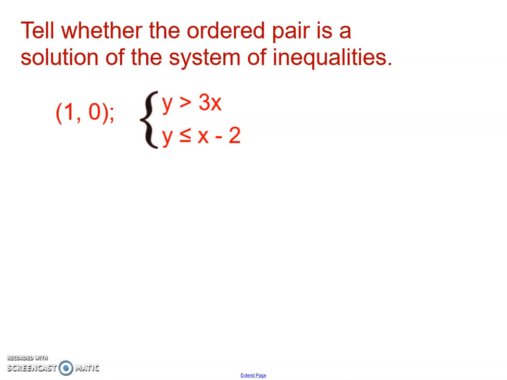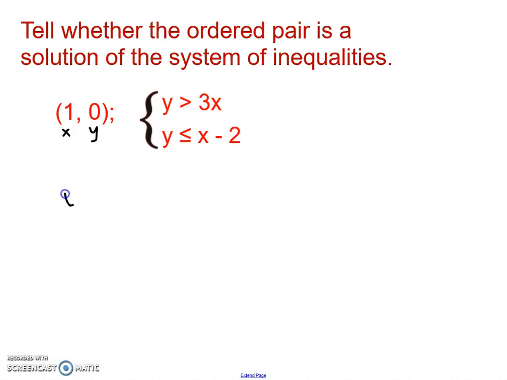All right, so tell whether the ordered pair is a solution of the system of inequalities. We did this with just one inequality. When you have a system, you're just going to plug your ordered pair, your x and your y, into both of the inequalities.